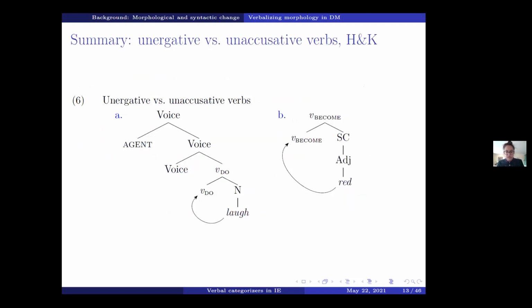So this slide just summarizes this structure of unergative versus unaccusative verbs that has been proposed. So unergative verbs, again, take a noun that incorporates into the selecting little v do projection, and then the external argument is introduced by voice, while unaccusative and causative verbs are formed by an adjective incorporating into a selecting little v become projection.